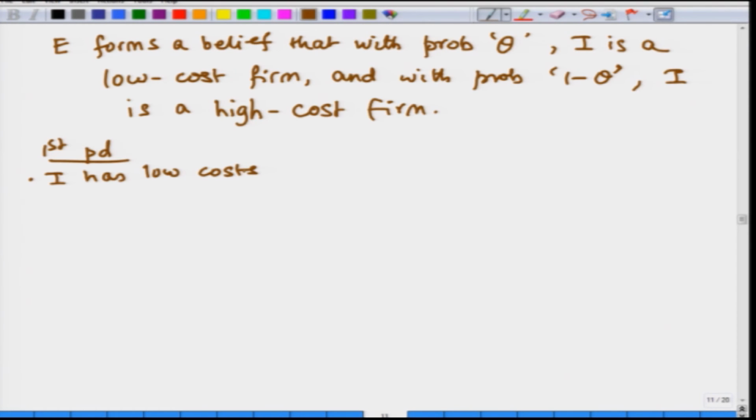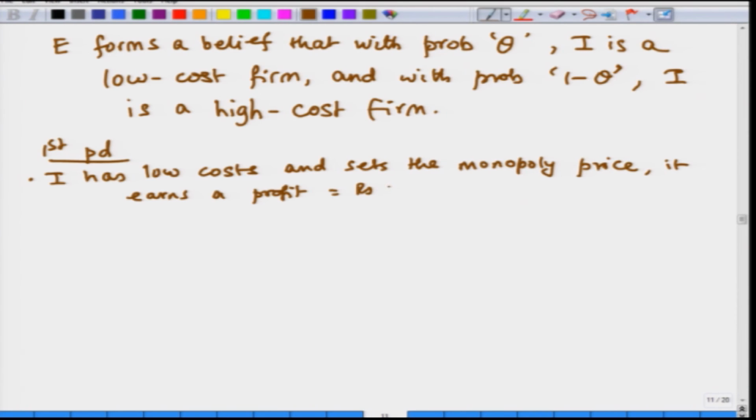So, when the incumbent has low costs and sets the monopoly price, so in the first period there is no entrant. So, the incumbent essentially is the monopolist. So, it has low cost and sets the monopoly price corresponding to that low cost firm. It earns a profit of, let us say, rupees 100 million.